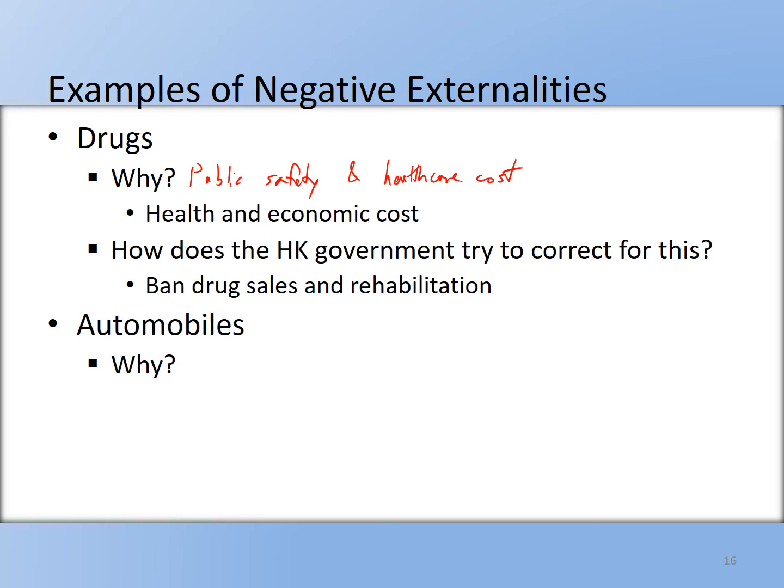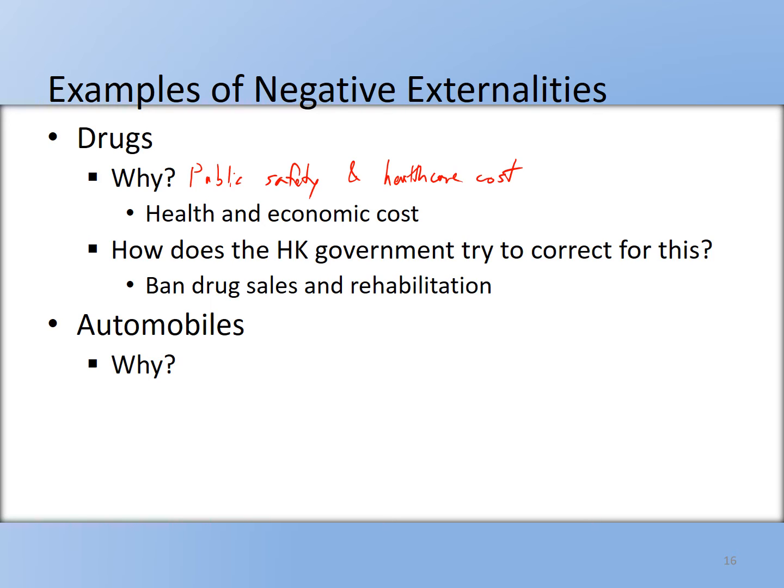So what about automobiles? Why do we care about having too many cars? Why? There are two reasons. The first one, probably you can think of, is the obvious one. Traffic jam, that's one, right? The more cars you have, for the same amount of road, you get more traffic congestion.